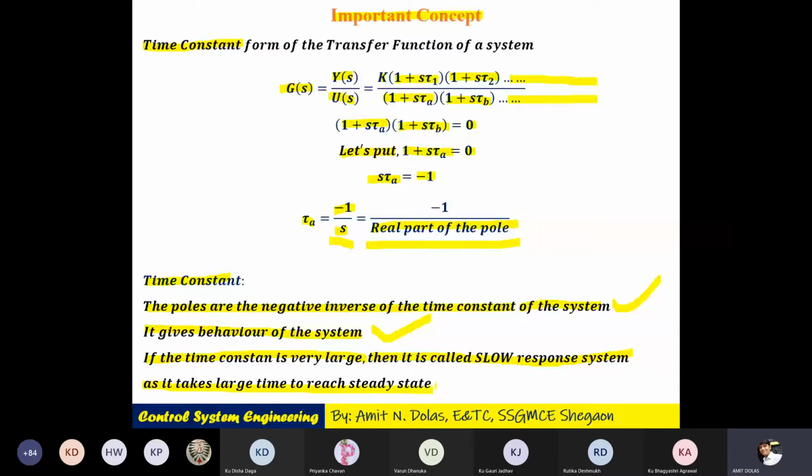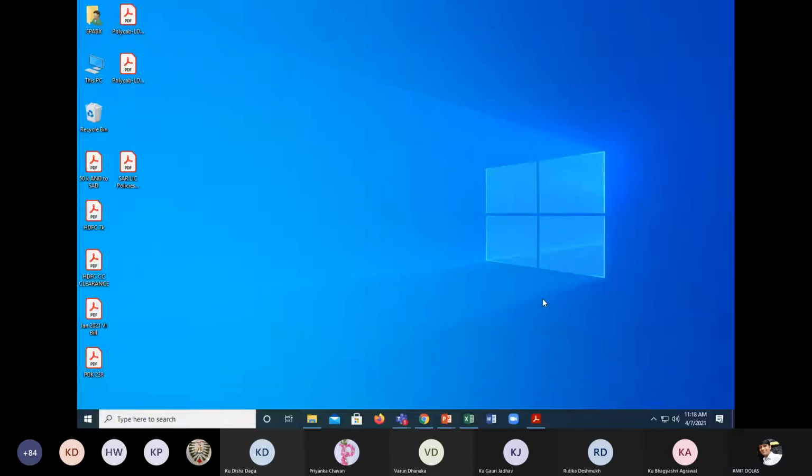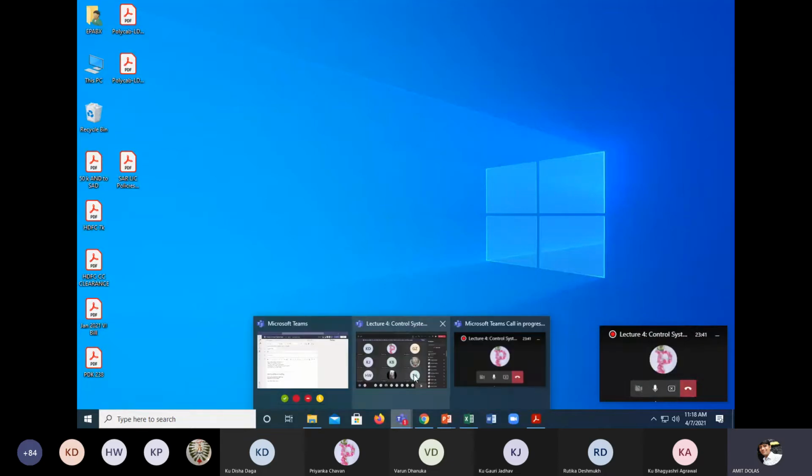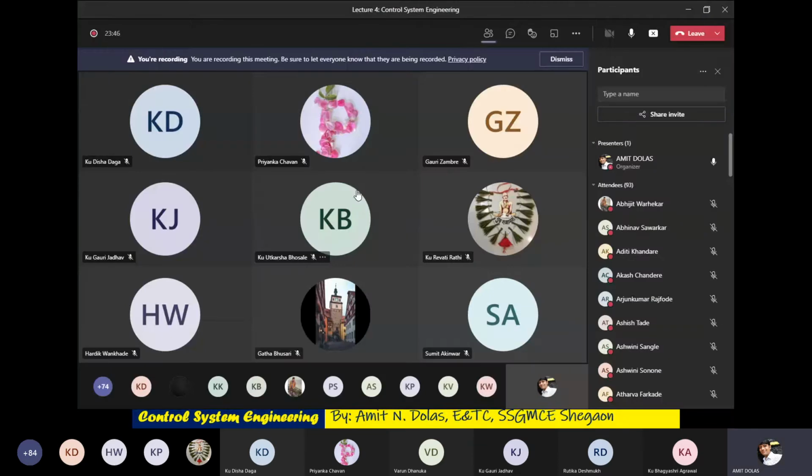as it takes large time to reach steady state. Can I ask one question? What is steady state? Can you give me a simple example? Or first of all, if you know the definition, you may. What do you mean by steady state regarding anything?